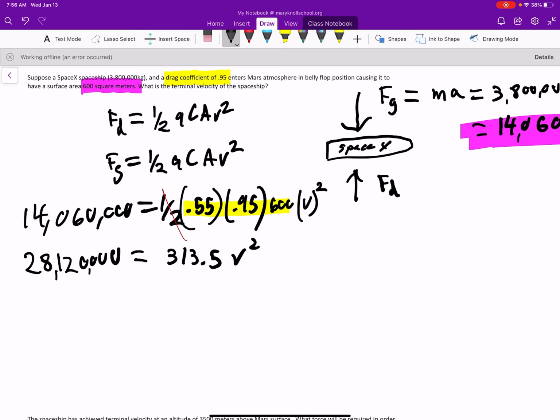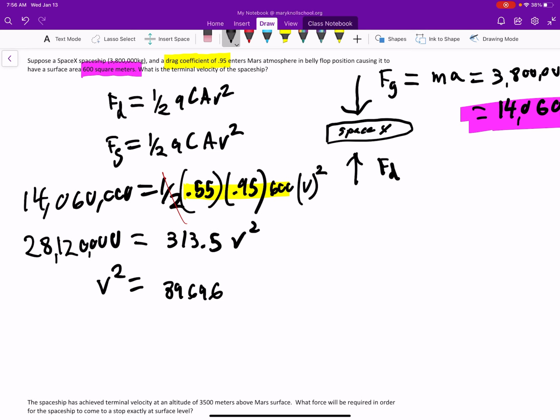Okay, I just divided both sides by 313.5, and so then I end up with v squared equals 89696. All right, take the square root of this, and I end up with about 300 meters per second.